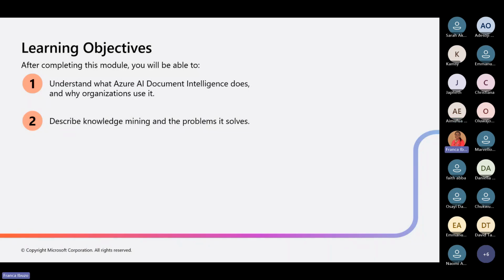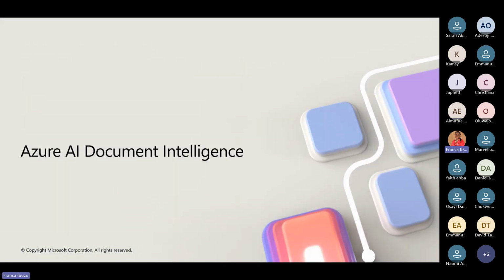Understand what Azure AI Document Intelligence does and why organizations use it. And you also learn how to describe knowledge mining and the problems it solves. So these are the learning objectives.